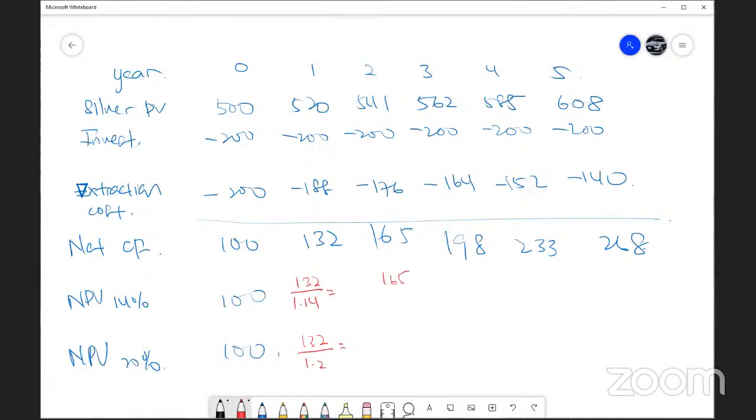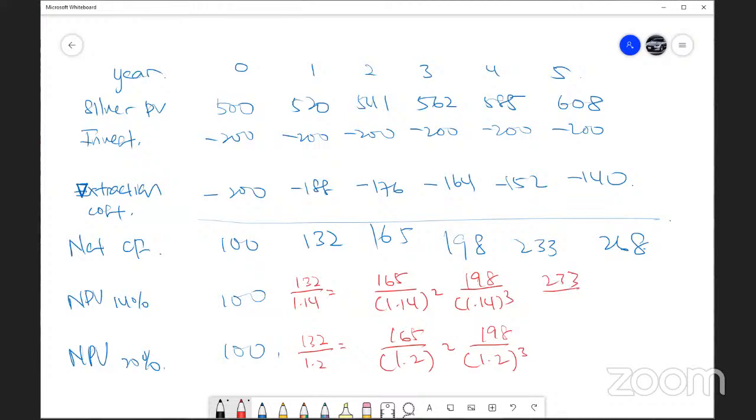Then 165 divided by 1.14, power of 2, and 165 divided by 1.2, power of 2. 198 divided by 1.14, power of 3, and 198 divided by 1.2, power of 3. 233 divided by 1.14, power of 4, and 233 divided by 1.2, power of 4.